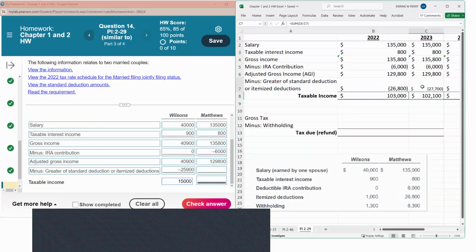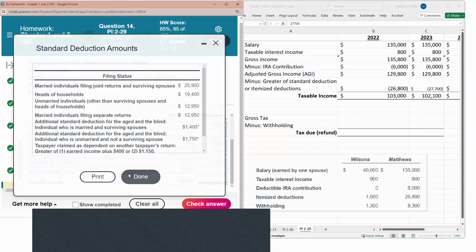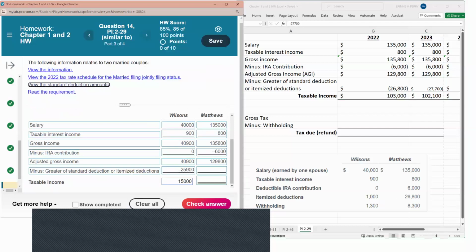However, using the 2023 standard deduction, $27,700 is greater than their itemized deductions of $26,800. So ultimately, it depends on the standard deduction. As we saw in the previous problem, it can change from year to year. So in such case, we're using the 2022 tax rules.